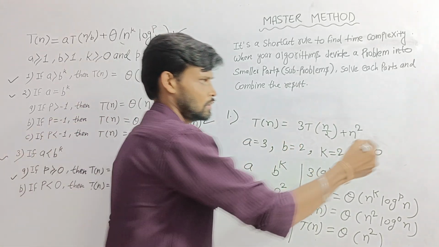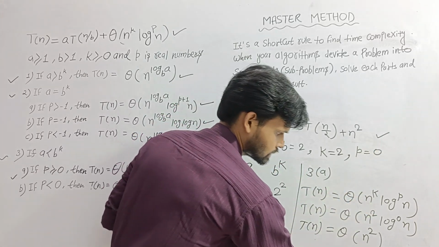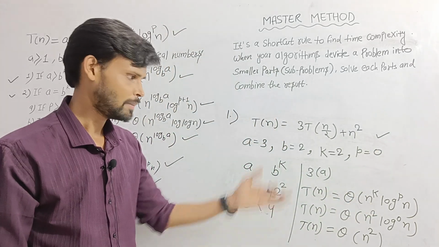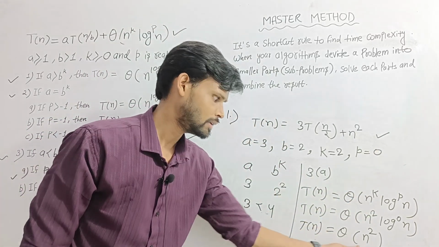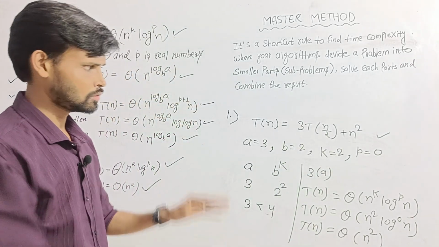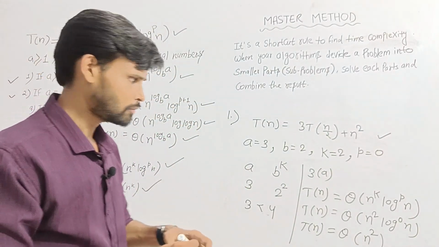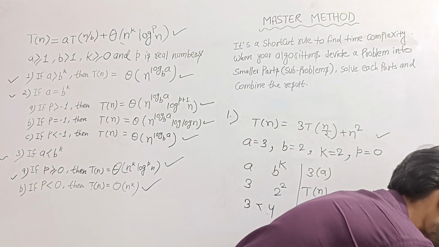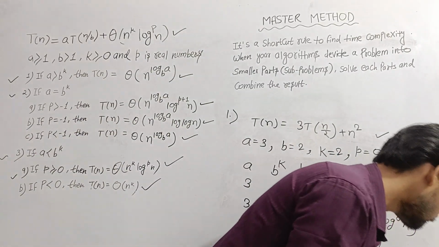So this is a problem, this is a solution. We had to find the time complexity for the recurrence equation, then calculated. So this is a basic example for a recurrence equation. Let's see another example or another problem.